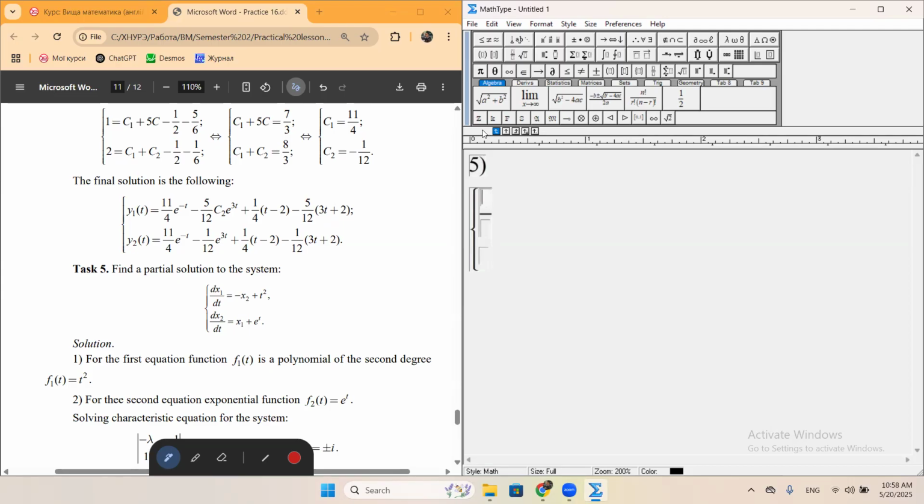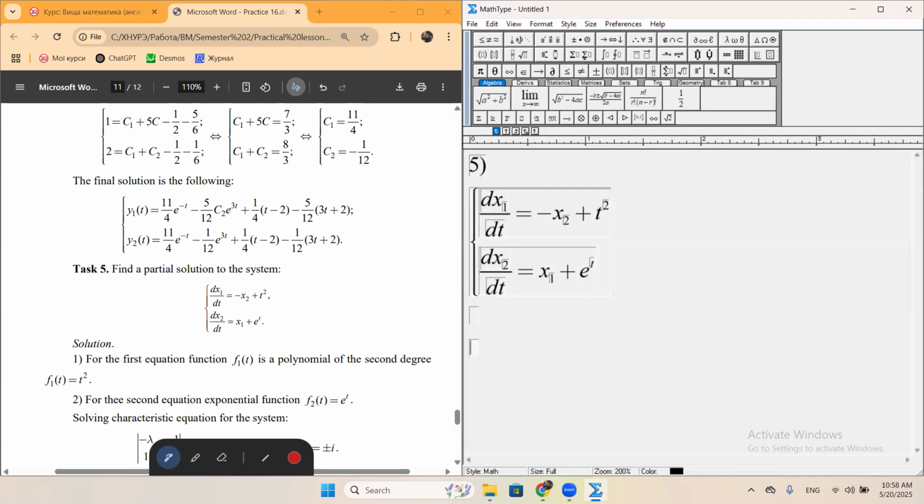First of all, writing down the system. dx1 by dt equals minus x2 plus t square, and dx2 by dt equals x1 plus e to the power of t.